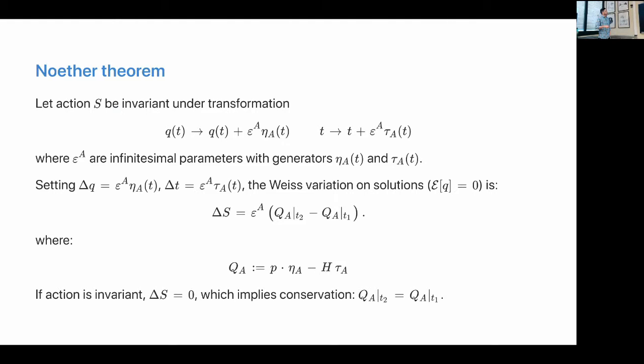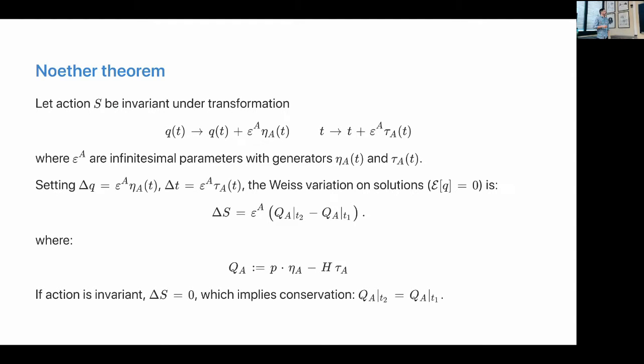When you evaluate the Weiss variation of the action on the solutions, you just take the boundary terms in the Weiss variation, do these replacements, and you get this expression for the change in the action. The expression is p dotted into the generator for the change in q, and H times the time generator, the generator of time translations.